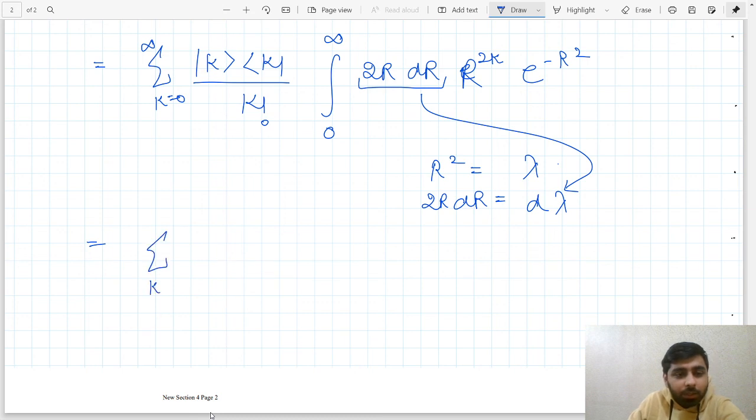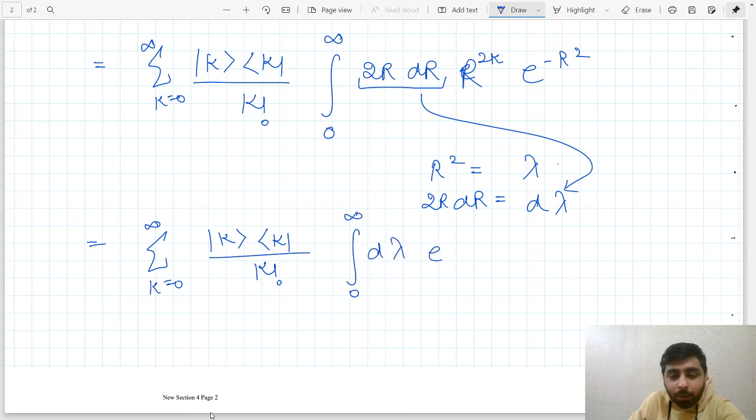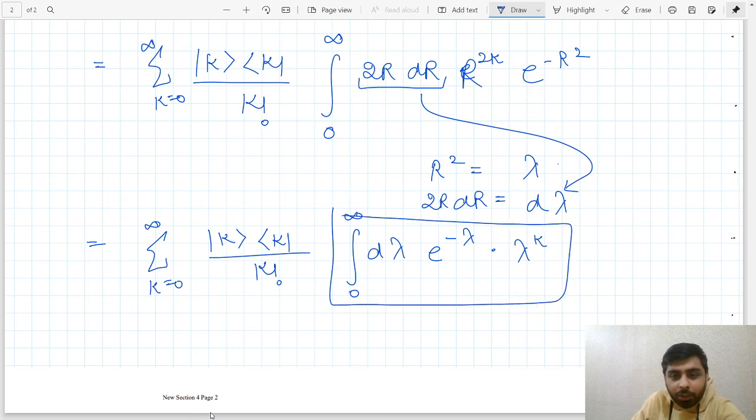So sum over k equals 0 to infinity, 1 upon k factorial, the integral from 0 to infinity of d lambda e to the power minus lambda times lambda to the power k. And what is this integral equal to? We already know that this is the definition of gamma of k plus 1, or k factorial.